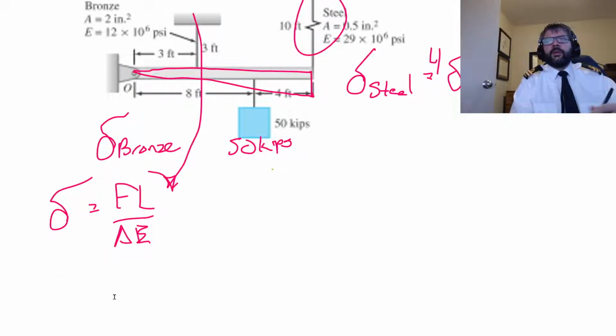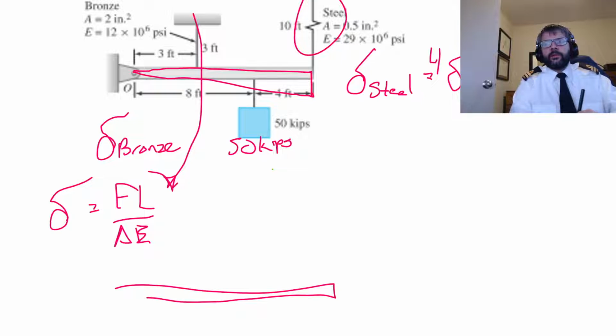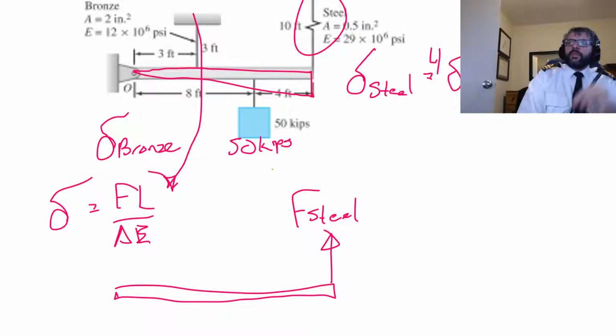So we get something like, I'm just going to make up values here. Let's say that's going to be like F steel, and maybe, oh wait, no, it's pulling up. There we go, F steel. It's pulling up.